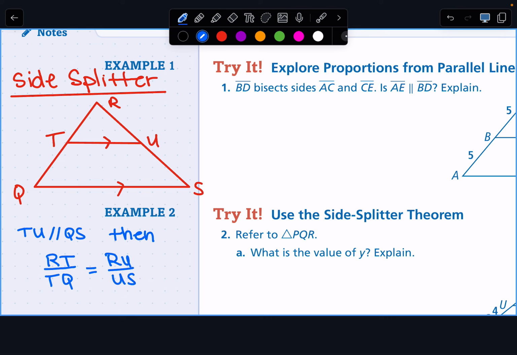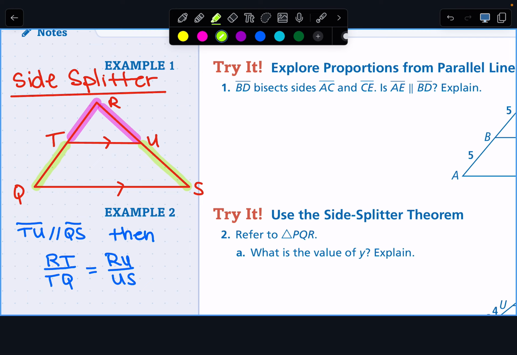Write that down and then we'll look at the picture. So RT divided by TQ is the same as RU divided by US.